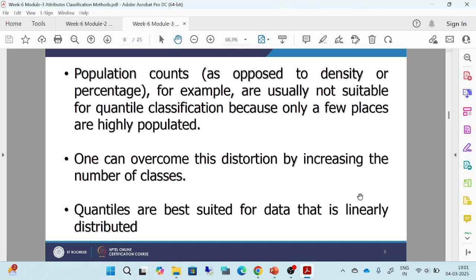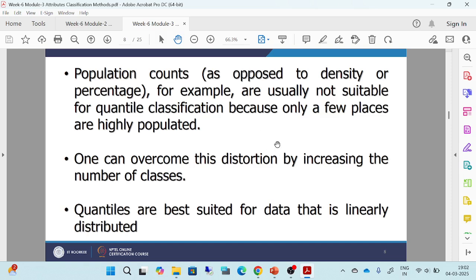But if you're taking into consideration the population of an area, you have to understand that certain areas might have more population compared to the other side. So if you take into consideration the quantile classification, that aspect will not be accounted for. As a result, in population count, you may not be able to use the quantile classification.